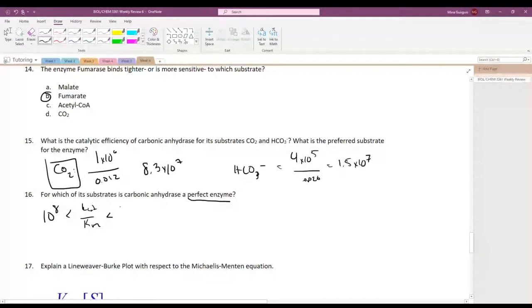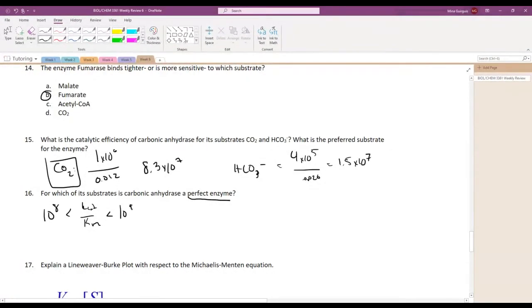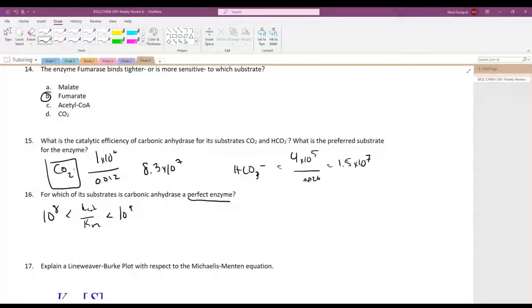And the reason there's an upper limit, and actually, I'm going to turn this over to you guys. Why is there an upper limit? No? Okay, I guess I'll say it. It's the rate of diffusion. It can't get any faster.